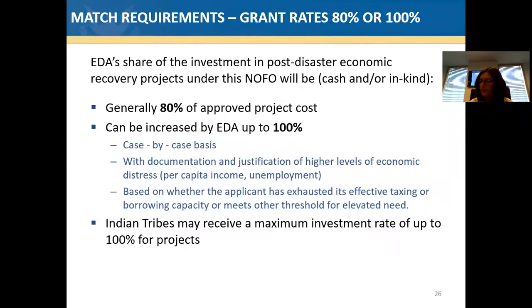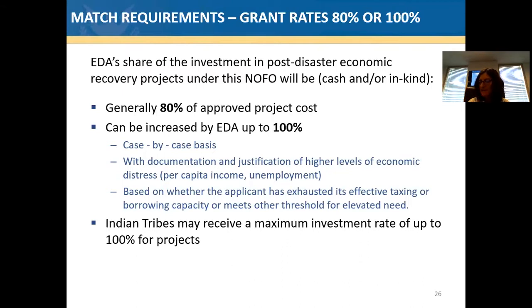I'd like to talk about match for a moment. We have a match requirement this year, as we did last, but with some additional clarity. We will begin with the assumption of an 80% match, which was typically the actual match for our 2018 supplemental.